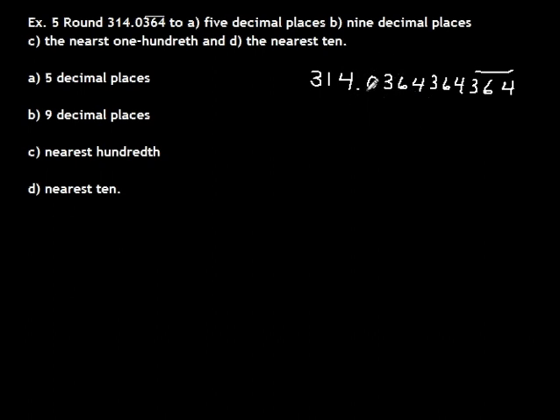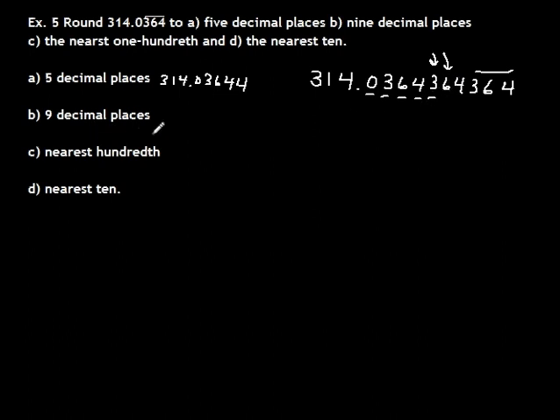We count out 5 decimal places: 1, 2, 3, 4, 5. So we're going to chop it off after the 3, but we need to decide whether to round it up or down or keep it the same. So the next number is 6, so we're going to round that up to 4, and our answer is going to be 314.03644. So the 5th place goes up to 4 because the following number is 5 or above.